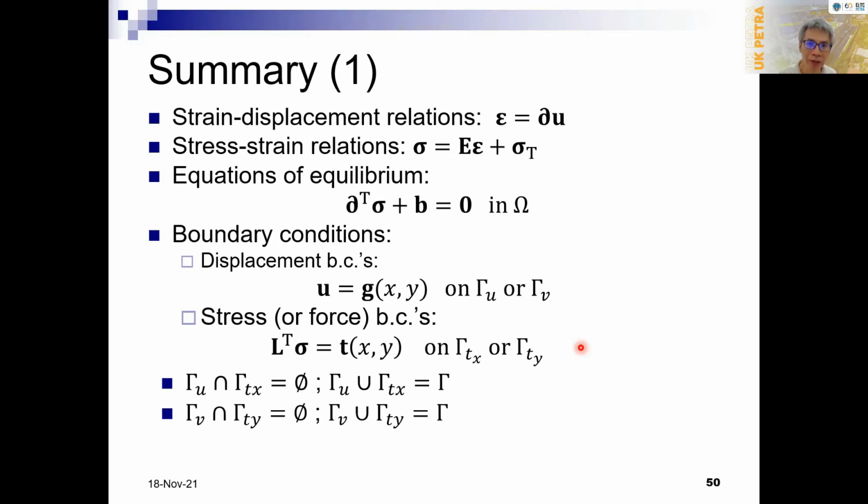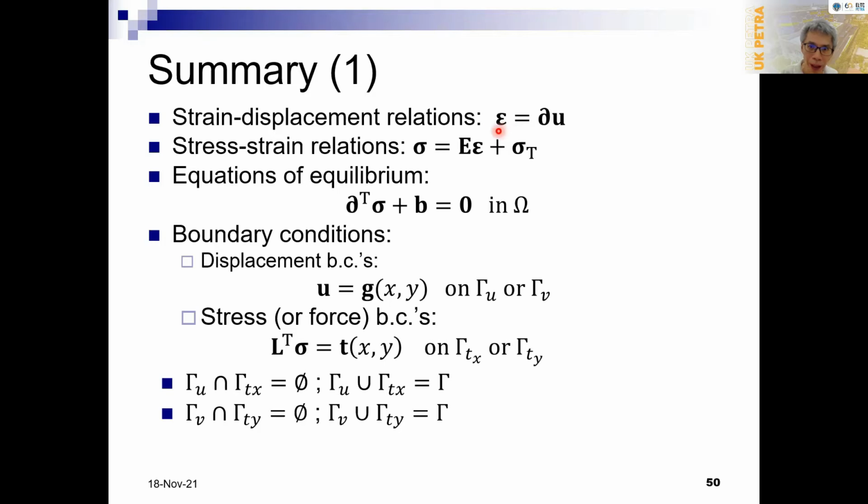Let's now summarize our governing equations for plane strain and plane stress in matrix form. So we have strain displacement relations, where the matrix D is the matrix of differential operators. If we know the displacements u and v, we may easily calculate the strain components epsilon x, epsilon y, and gamma xy.